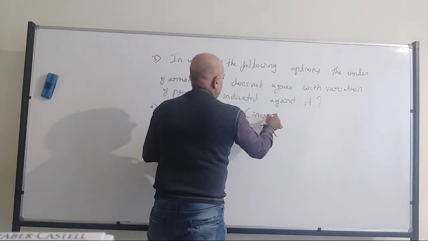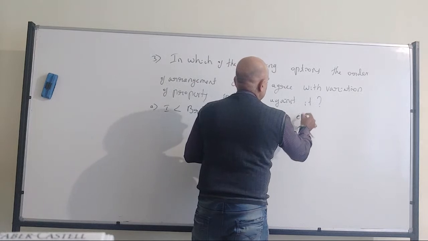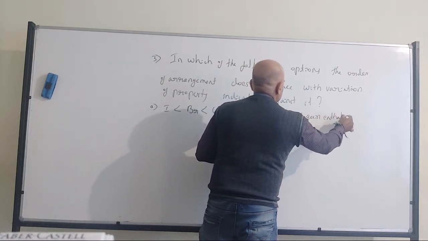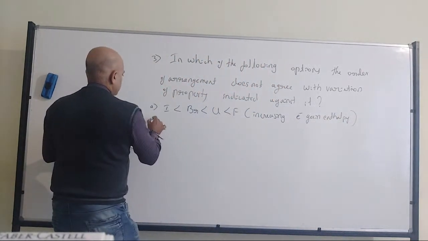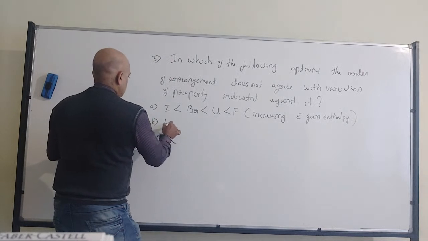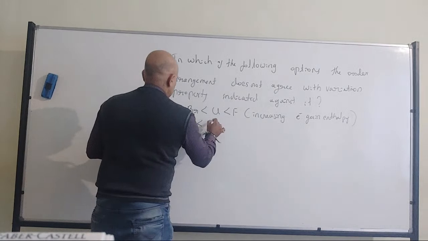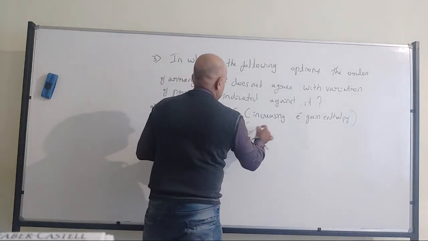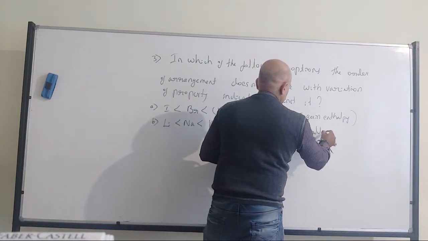So in the bracket we can write it as increasing electron gain enthalpy. Next, option B, lithium less than sodium, less than potassium, less than rubidium. So this is increasing metallic radius.